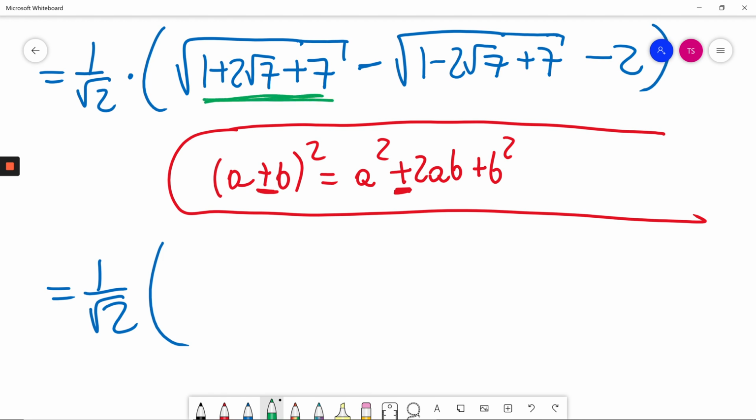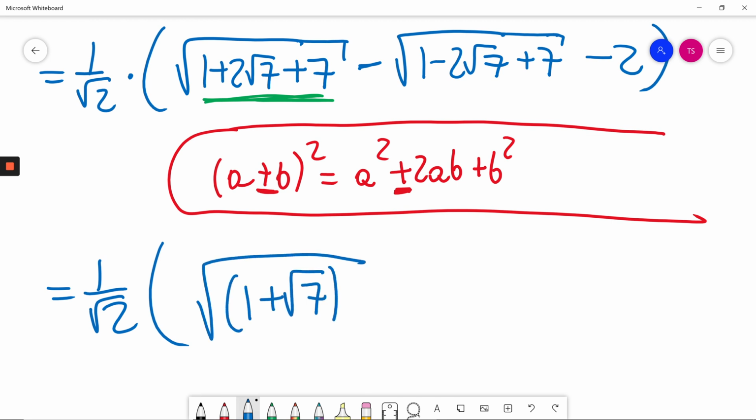For this term 1 plus 2 square root of 7 plus 7, I can write it as one plus square root of 7 squared.